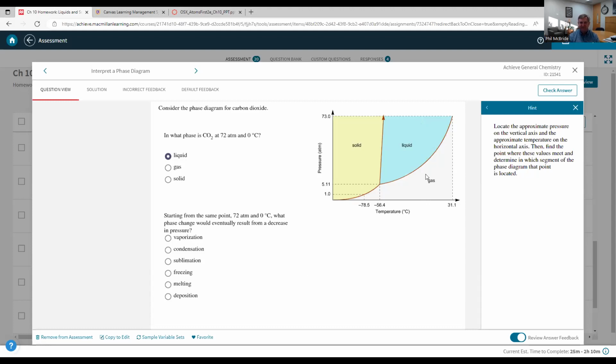Vaporization. All right, very good. What if it went from a liquid to a solid? What would it be? What do we call liquid to solid?